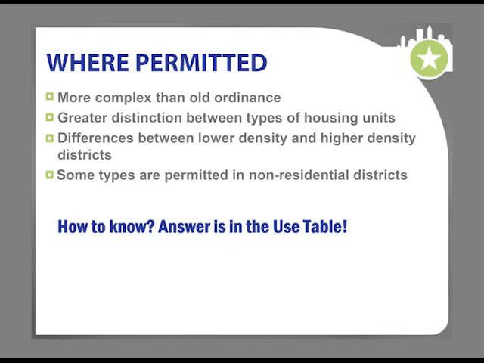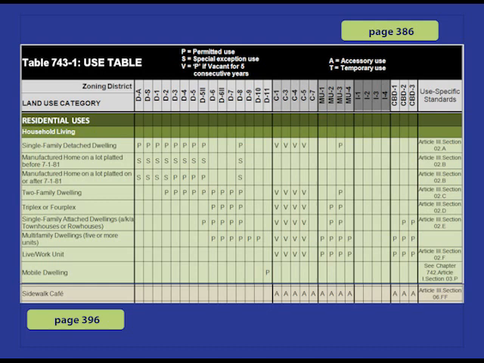So how do you know where this unit can be placed? The answer is in the use table. What you see before you now is an excerpt from the use table in Indy Rezone. This is the listing at the top. It gives the different types of residential uses that are permitted.